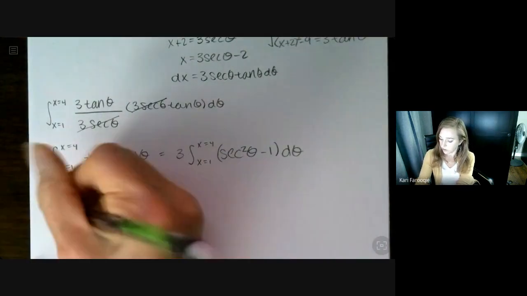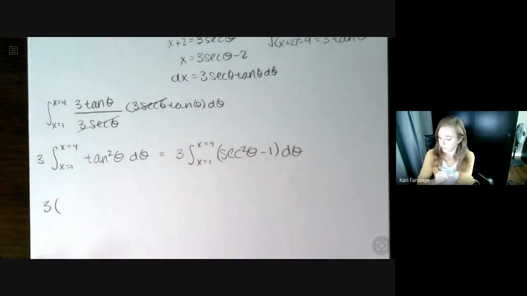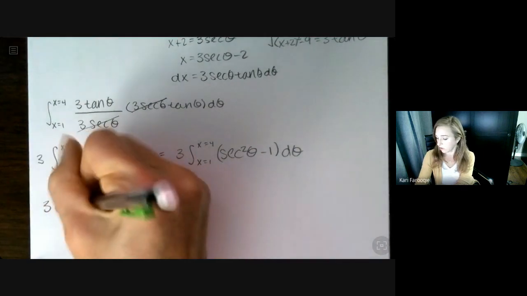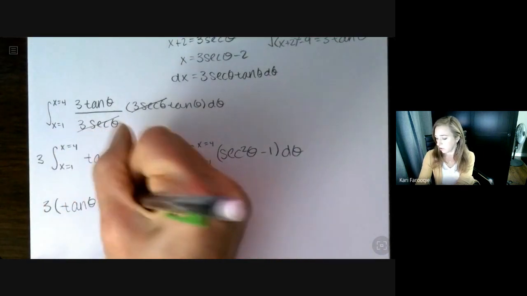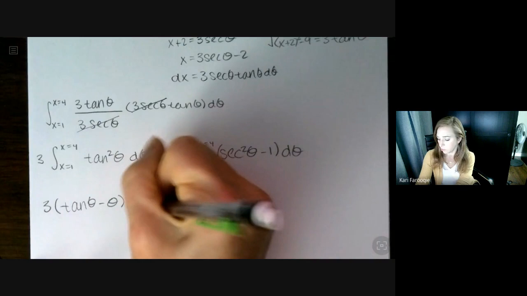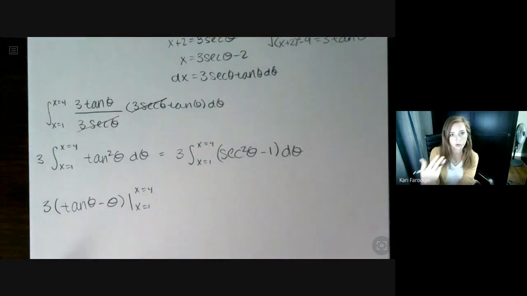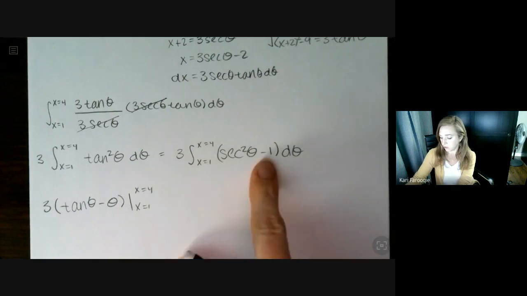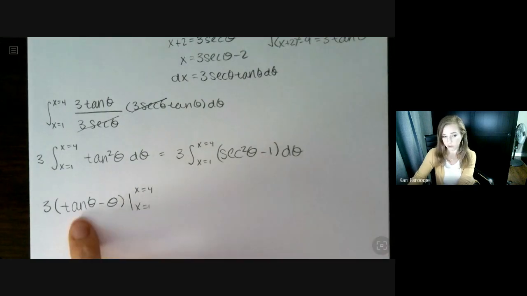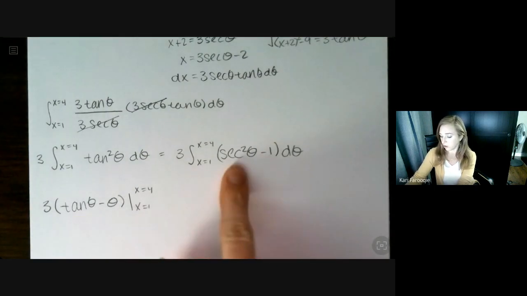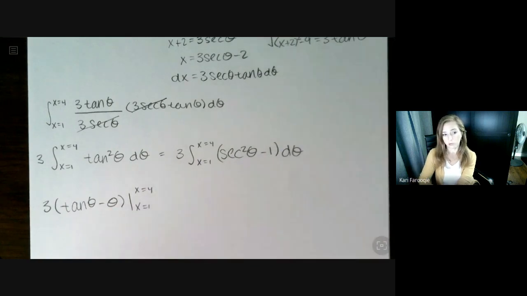So I'm going to say that this is 3 times tangent theta minus theta, and that goes from x equals 1 to x equals 4. And double check, make sure that you do end up getting this back as your derivative. Derivative of tangent is secant squared. The derivative of theta in this case would be 1.